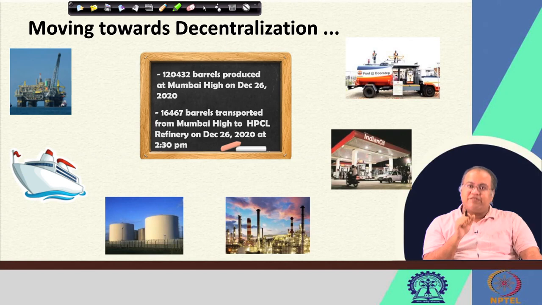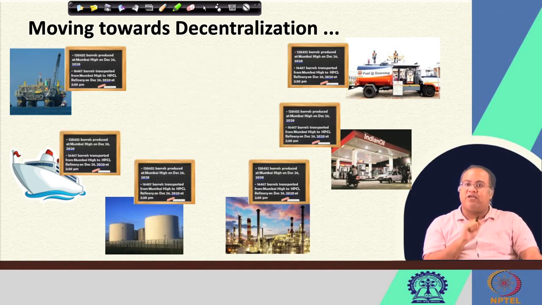So this is my problem: I have a blackboard, who is going to keep it? Rather than a single entity keeping this blackboard, let us build a decentralized architecture of this blackboard, and every independent organization stores a copy of it.